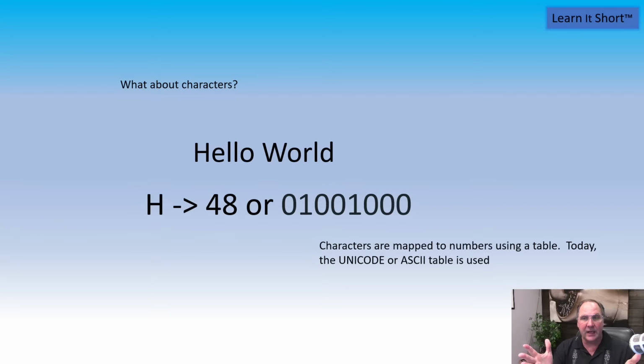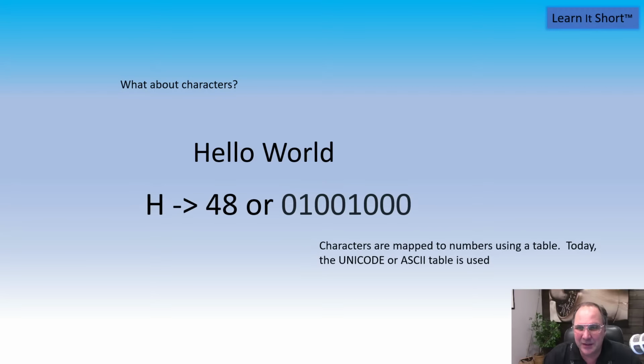So for instance, the H in Hello World is represented as the number 48, 1001000. And the next letter, the little e, is a different value. Off the top of my head, I don't remember, but it's out there.